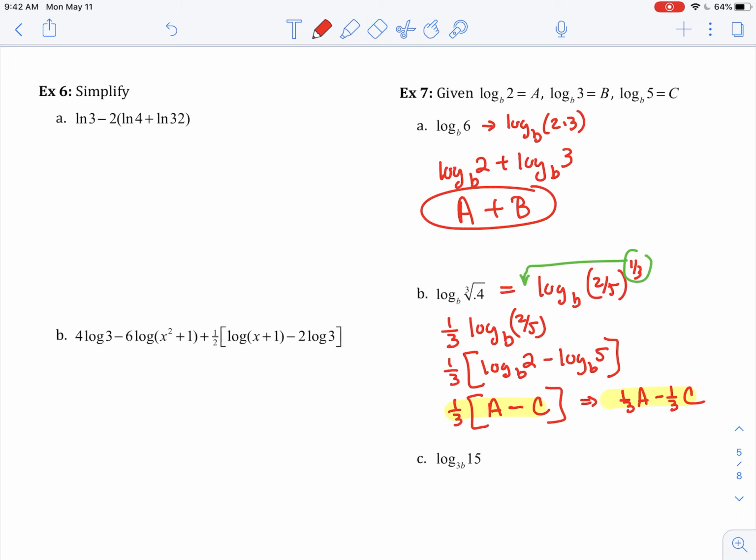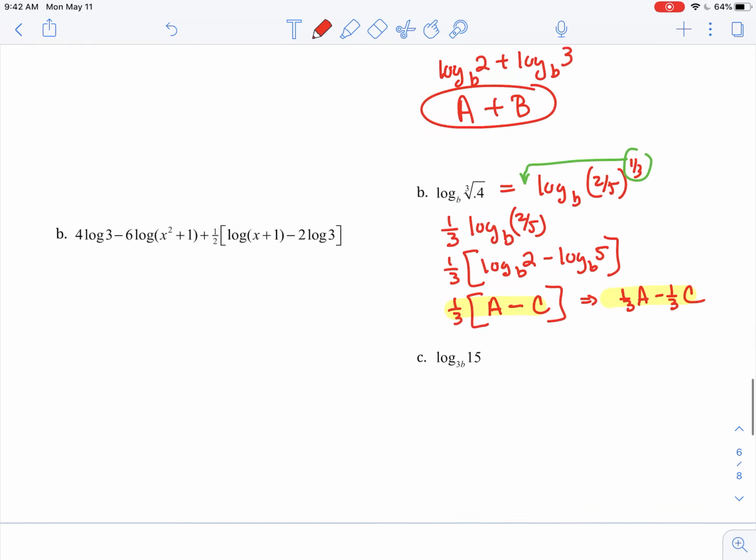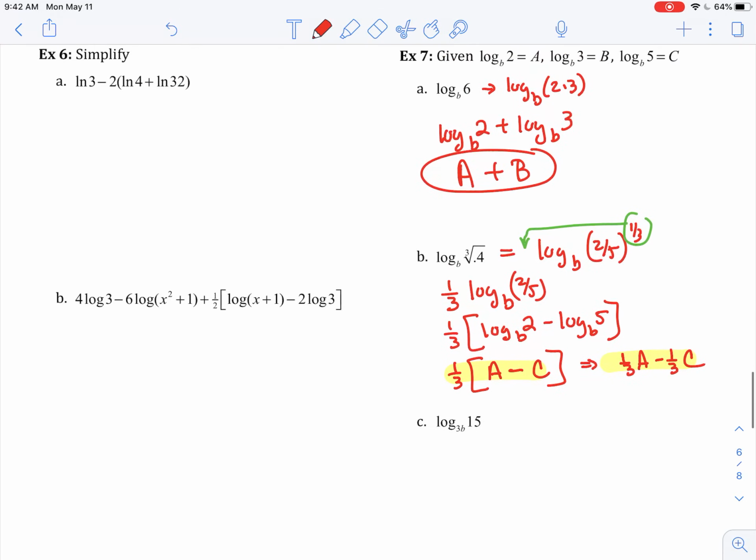And on the last one here, 7c, well, 15 we could think of as 5 times 3, but we also want to notice that this is a base 3b, and all of these are base b. So we should do a base change and switch our base 3b to a base b.